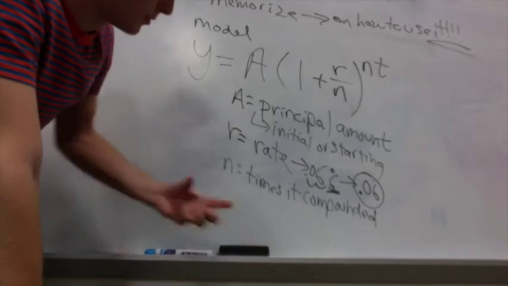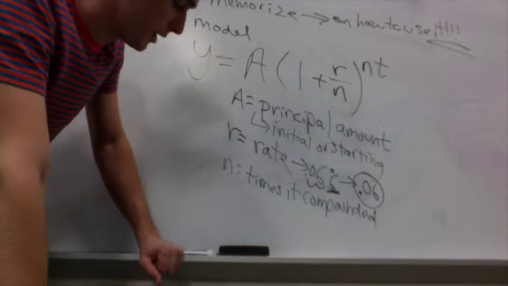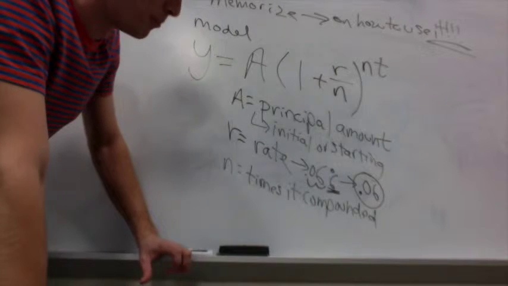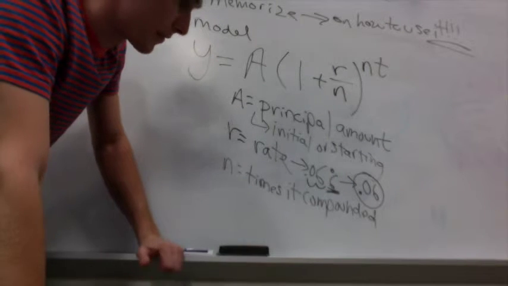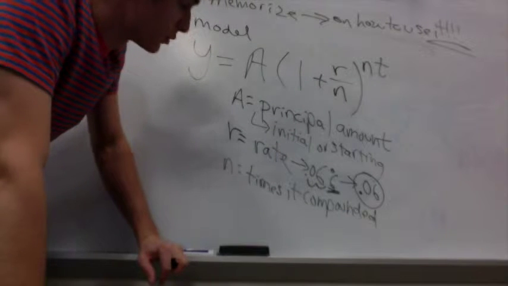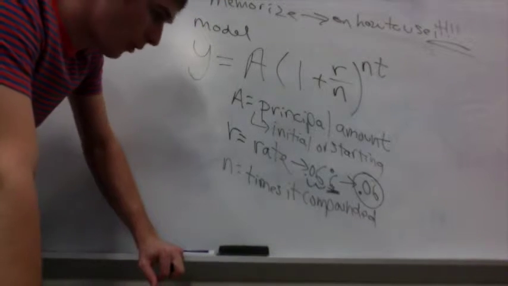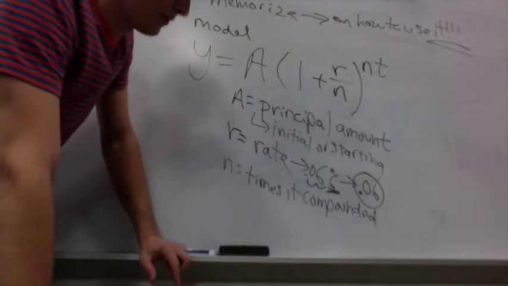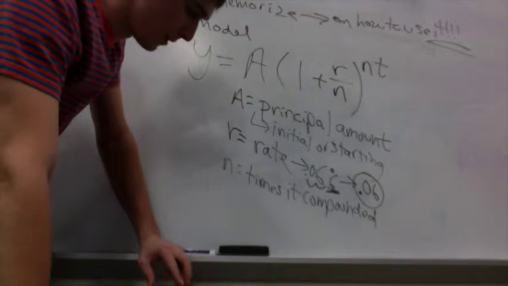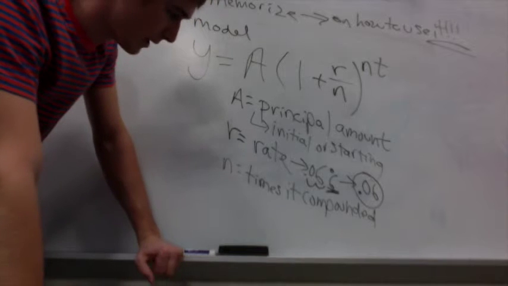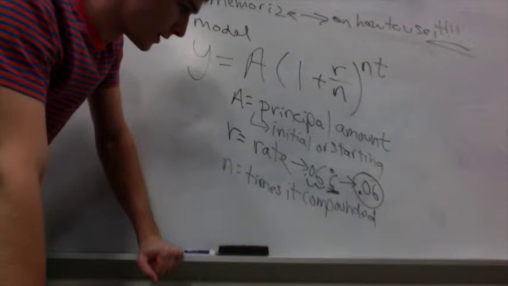The interest would be accumulated once per year. It could be accumulated monthly. Hopefully you're thinking monthly, 12 months, so 12 times a year. It could be compounded quarterly. Quarterly then, how many months? 3 months, 4 times per year would be quarterly.